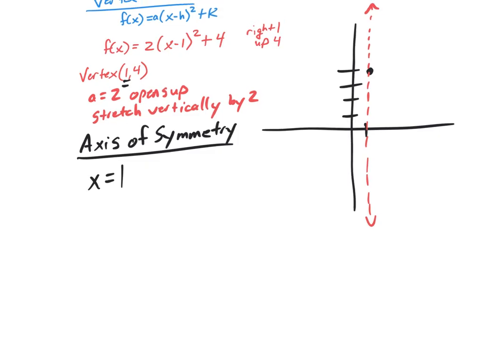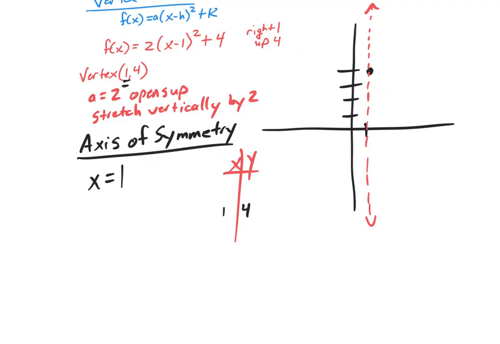Then we want to come up with some points. We always put the vertex in the middle of our table of values, and we want to find some points to the right and some points to the left. We don't want to start at 0, because that's not going to be the middle of the graph.